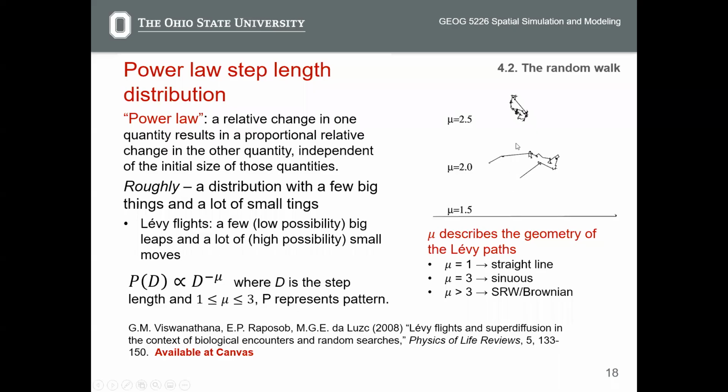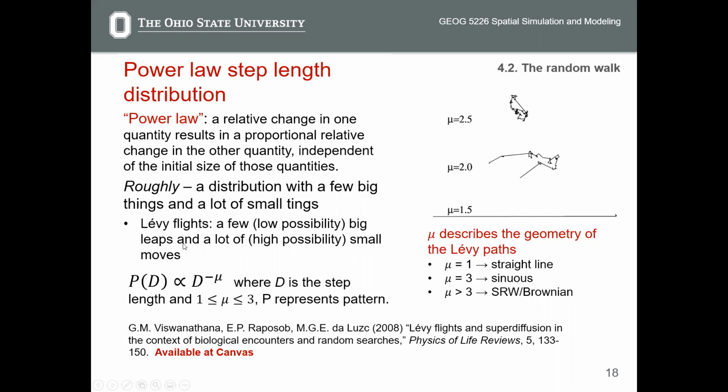So as a result, you can see the influence of mu on the spatial pattern of Levy flights. Okay, more details can be found from this article, from this literature, and it's available on Canvas.